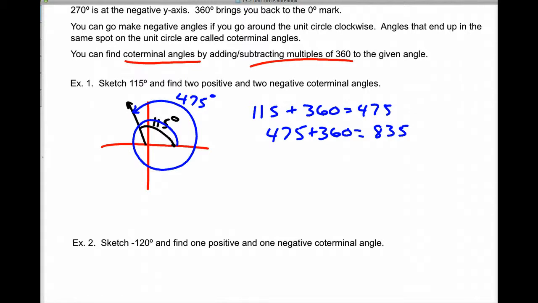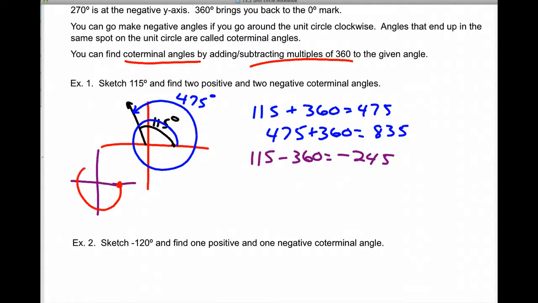Or on the flip side, you could also go clockwise, and to go clockwise, you're going to go negative. So I could start with my 115 and subtract 360, and that put me at negative 245. Graph of negative 245, it looks something like this. You'd still start right here, but you go clockwise. There's 180.